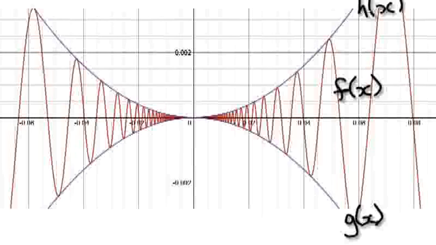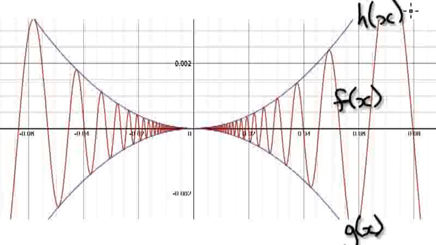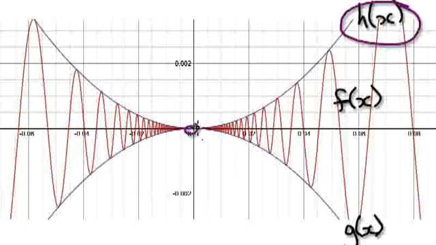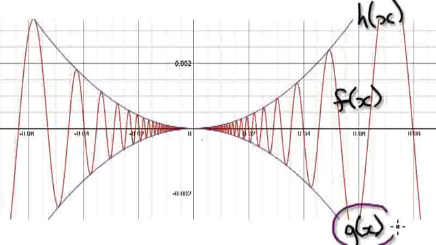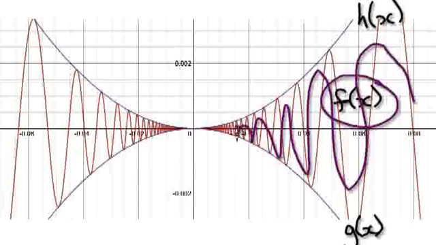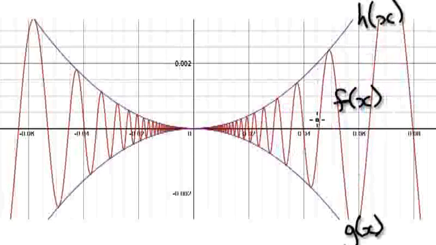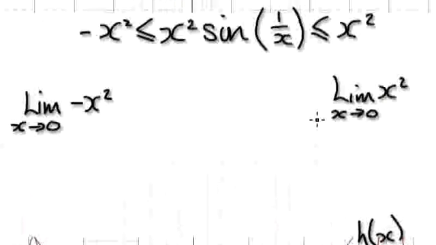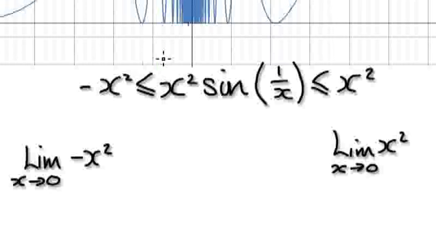My point is that we established that our function h of x as x approaches 0 is actually 0. And looking at g of x, g of x as x approaches 0 is also 0. So that means that our function is always being trapped in between the two, then the limit must also be 0. Okay, but the important part is this bit here.